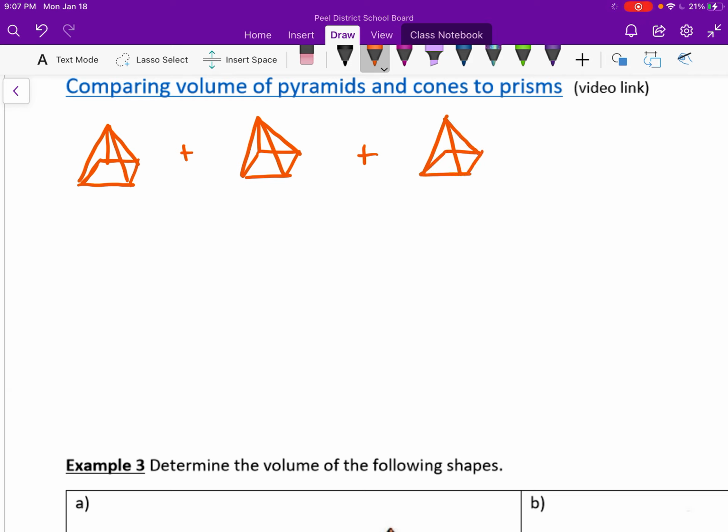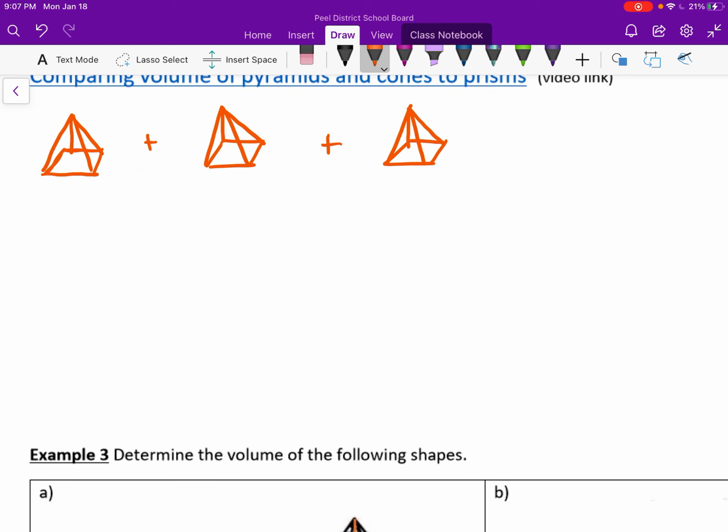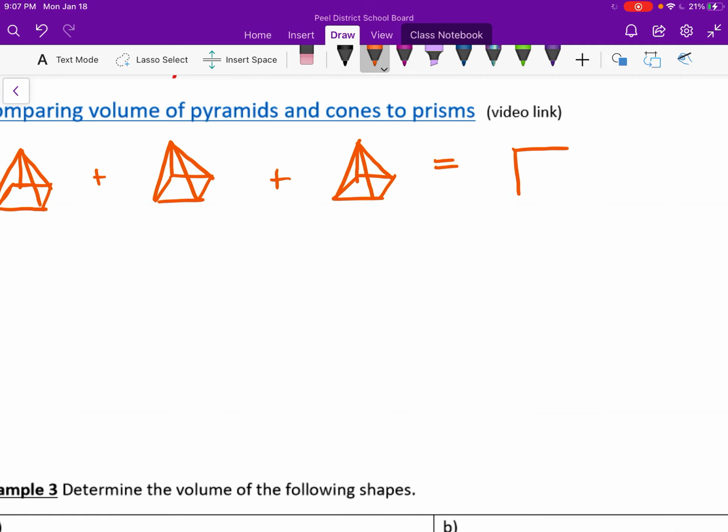I do apologize for how not nice these pictures are. If you took 3 of those, you'll notice that when the person in the video puts them together, it takes 3 square-based pyramids to give you 1 cube, right?